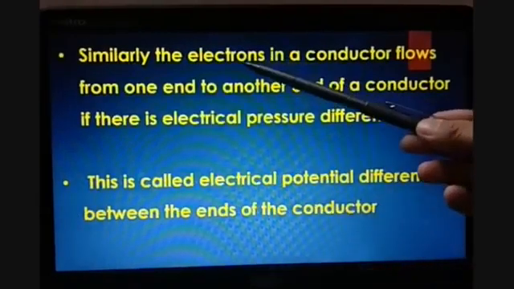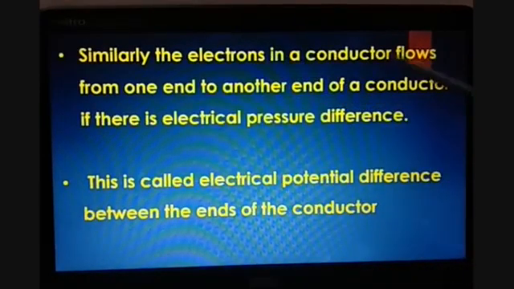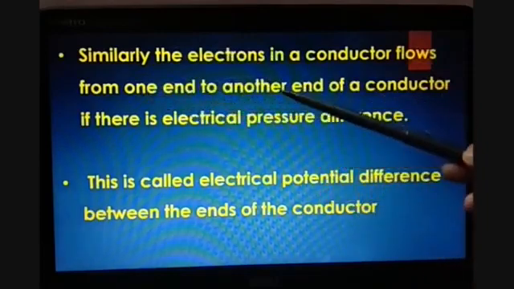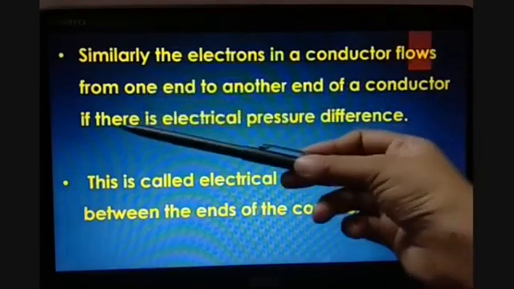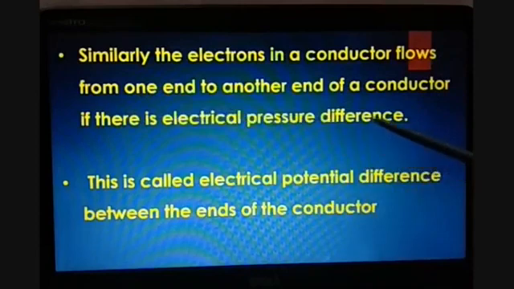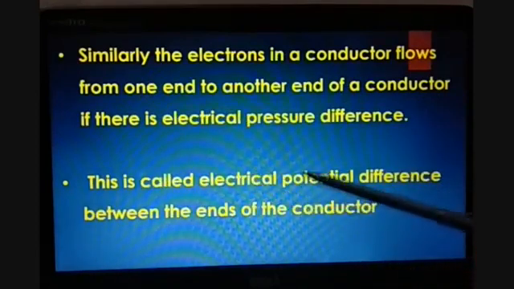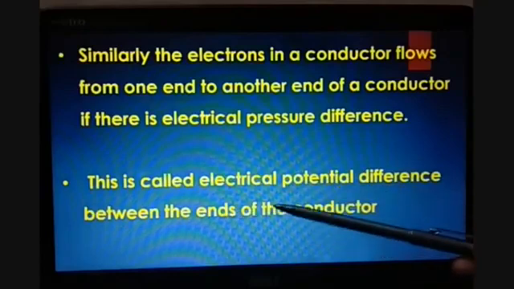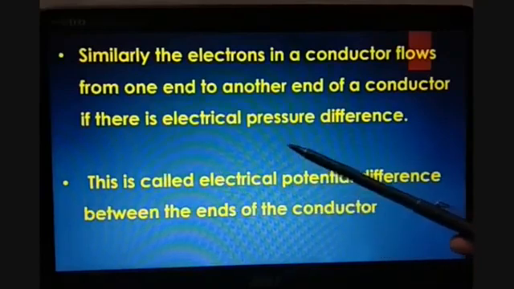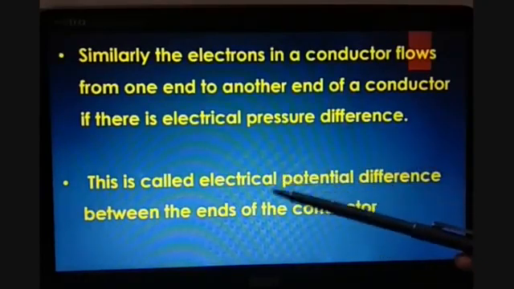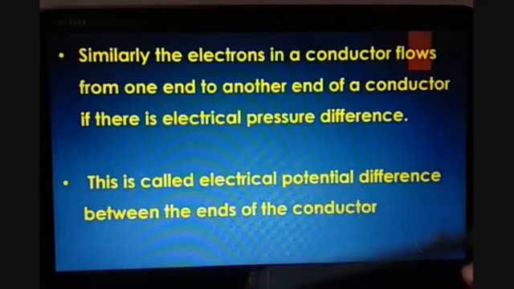Similarly, electrons in a conductor flow from one end to another end of the conductor if there is an electric pressure difference, and this is called the electric potential difference between the ends of the conductor.